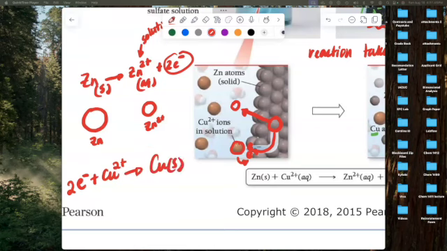Okay? So we covered this in lecture before. This producing electrons is oxidation. Consuming produced electrons is reduction. Okay, so zinc is undergoing oxidation in the same container, and oxidation and reduction are yin and yang relationships or reactions.